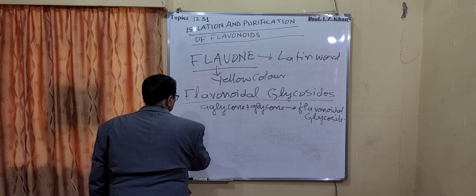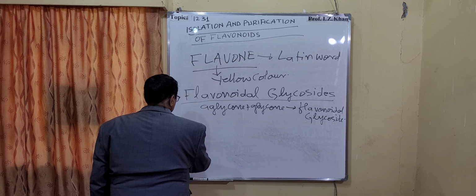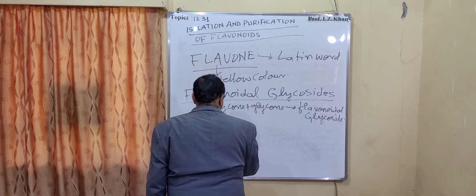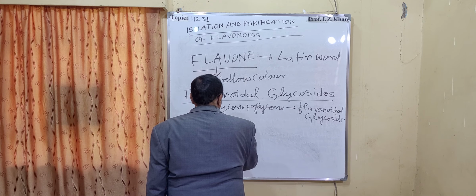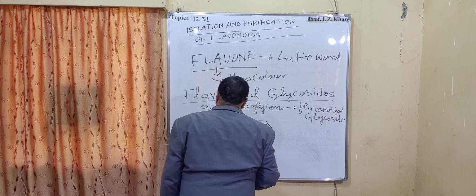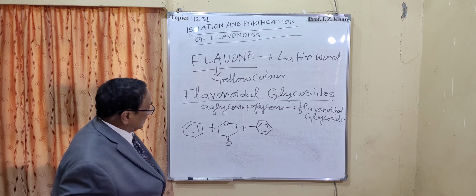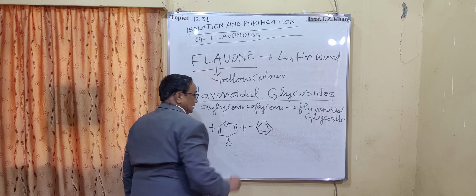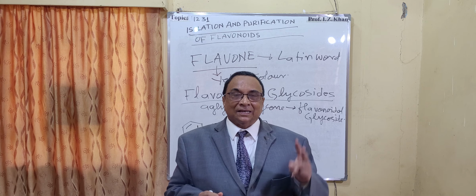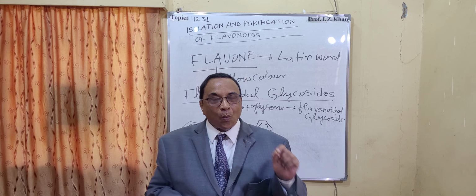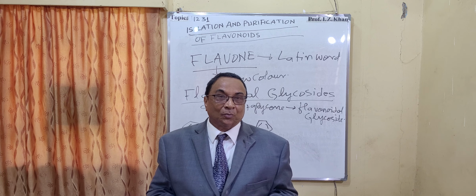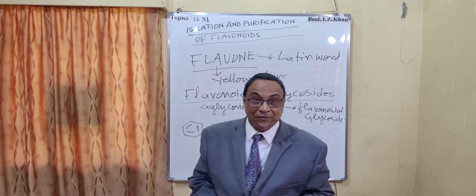One is benzene ring, an aromatic ring, the second one is the pyrone ring, and the third one is the phenyl ring.